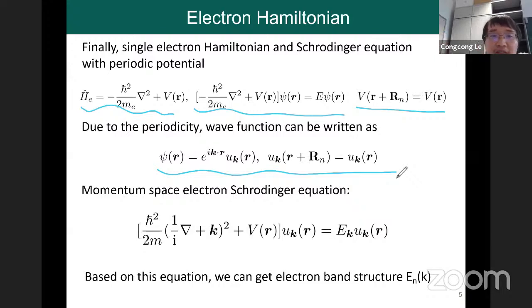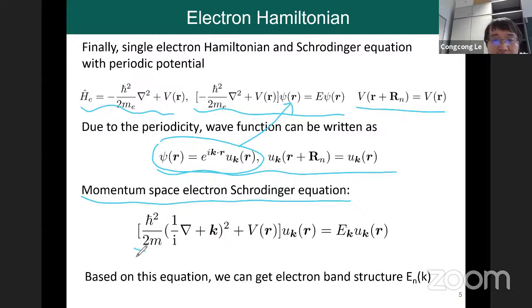Then, if we put this wave function into the Schrödinger equation, we can get the momentum space electron Schrödinger equation like this one. Based on this equation, we can get the electron band structure in momentum space. Then next, I will give some examples of how to get the band structure.